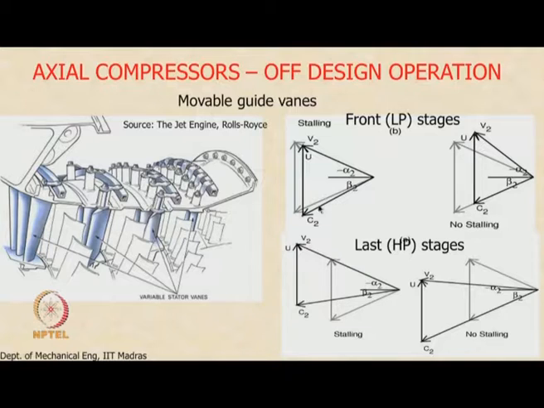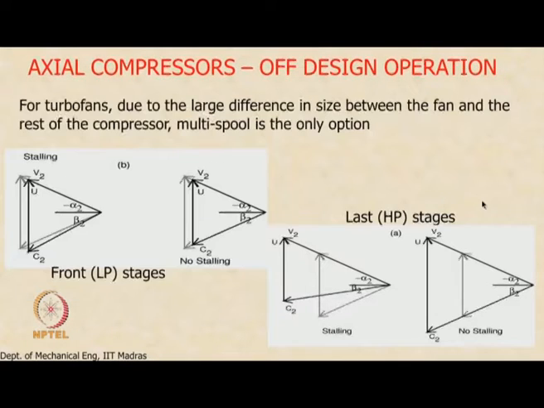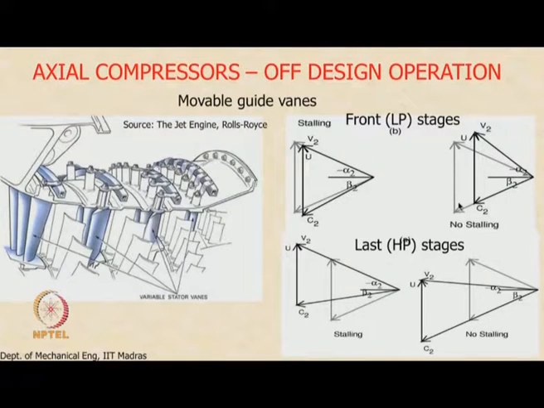It was stalling here because this velocity vector was not aligned to the design relative velocity vector. Now by increasing this angle, I have forced the off design velocity vector to line up with the design velocity vector by moving the guide vanes appropriately.